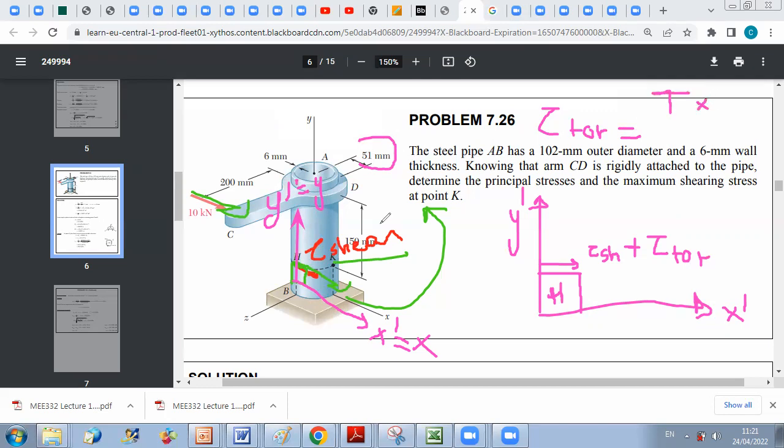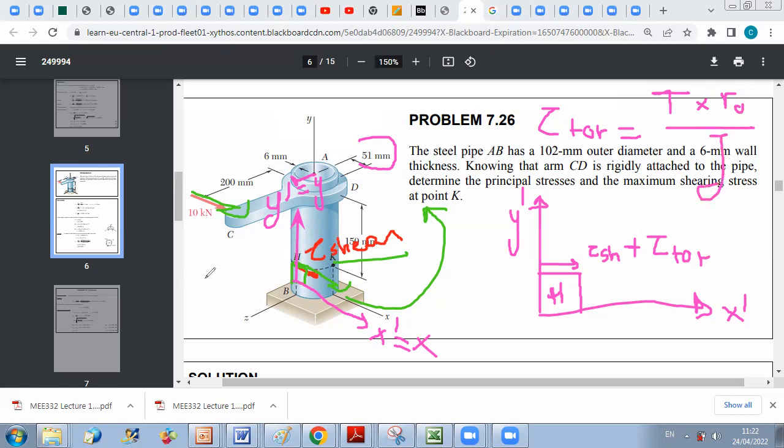So tau torsion can be computed as the torsional moment T times, here H is at this level, so the distance from the center axis of torsion is 51 millimeter. So it's r outer then. So I multiply by r outer over the polar moment.